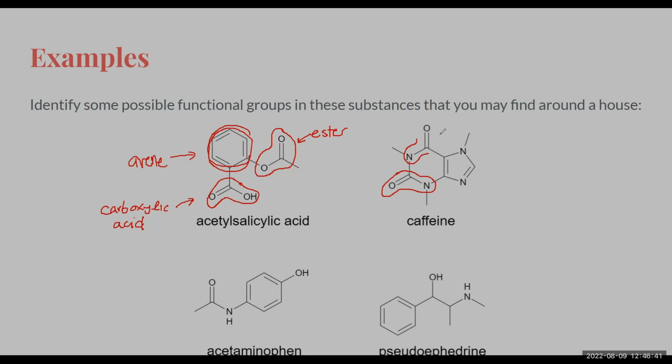This is actually another amide. And then right here we have an amine, and right here we have an alkene. So these two, I consider them as amides. This is going to be an amine, and this will be an alkene.